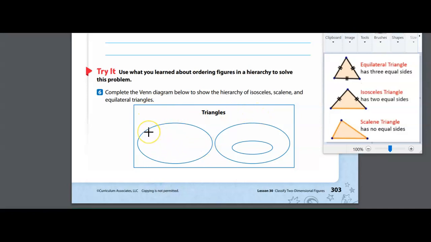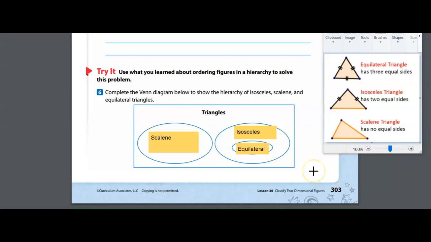Scalene, right here, we will put it right here. It is a subcategory. And we know scalene triangles have no equal sides. So it's in the category by itself. Now this subcategory, we identified it to be isosceles. And the most specific of them all would be equilateral.